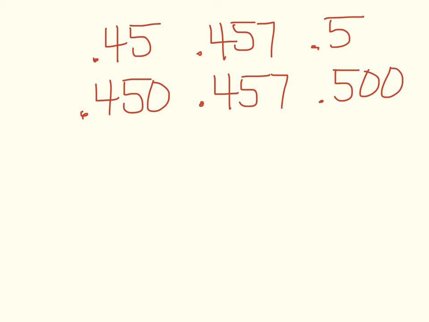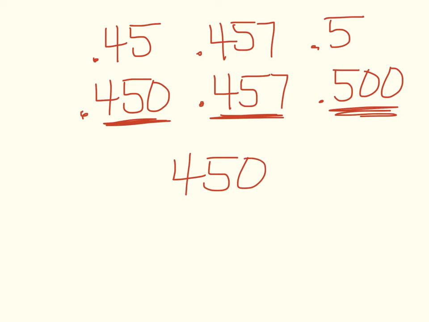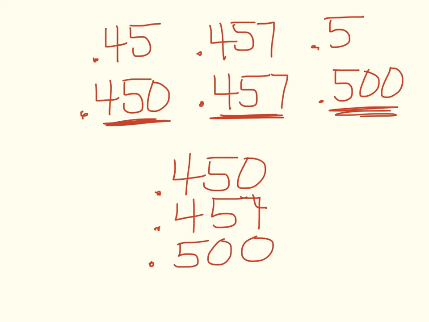Now notice I'm comparing 3 decimal places, 3 decimal places, 3 decimal places, and I can put those in order because I know that 450 and then 457 would be the next, biggest, and then 500 would be the biggest. So 450 thousandths, 457 thousandths, and 500 thousandths. Those are in order.